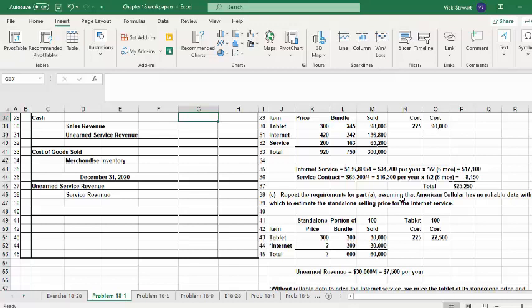The C part states to repeat the requirements for Part A, assuming that American Cellular has no reliable data with which to estimate the standalone price for the internet service. So if you remember, in Tablet Bundle A, we were only selling the tablet and the internet service, but we had standalone prices for both of them, so we were able to use the proportional method. Now we don't have a standalone price for the internet, so in this case we're going to use what we call the incremental method.